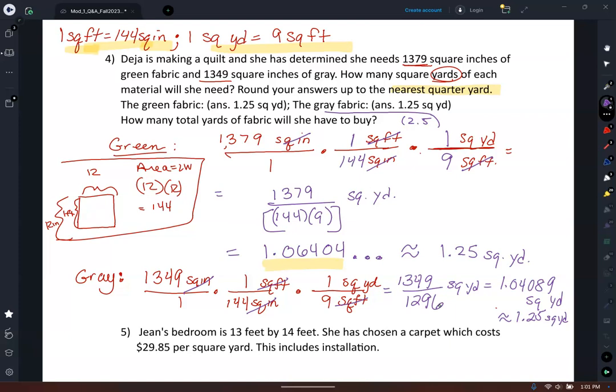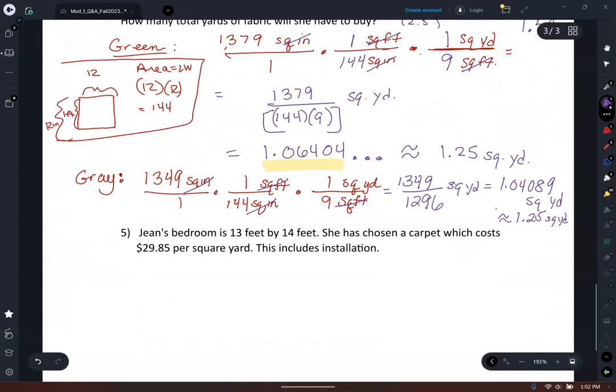And then to get our total overall, we would just add our 1.25, 1.25, and we would get 1.5. So we need 1.5 square yards total. And you would just enter that into your My Open Math, that last bit.